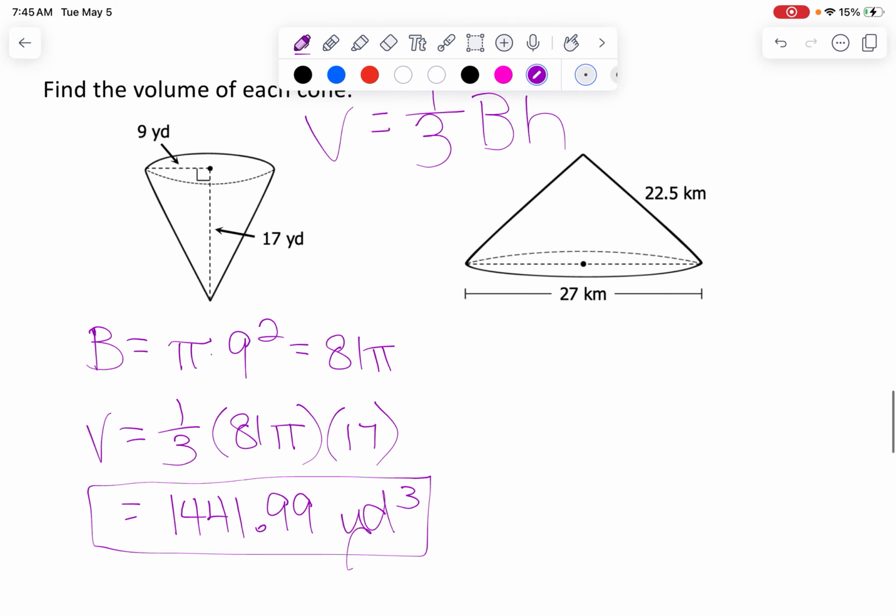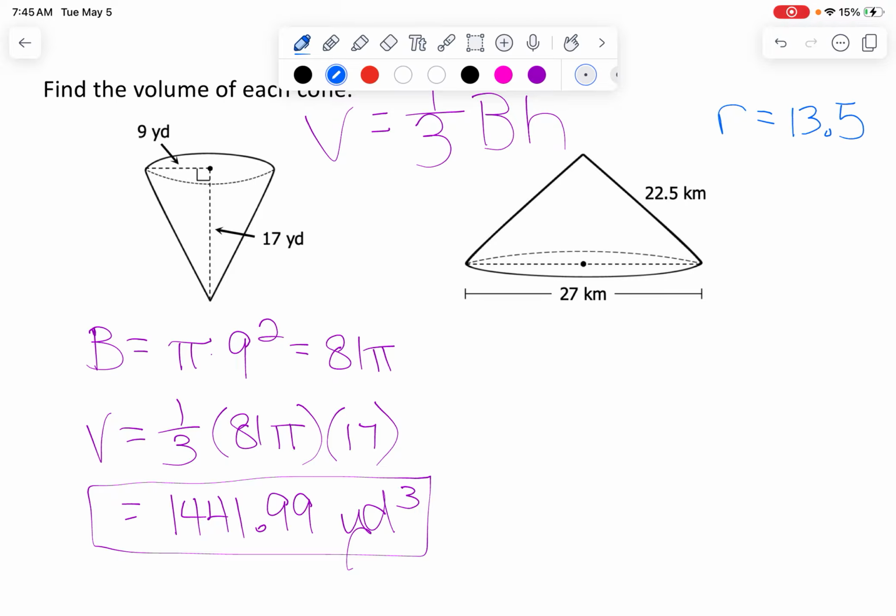All right, let's do our last one here. This one, we've got a couple of things that we have to take into account. We don't know the height. We also don't have the radius given to us, although we can find that pretty easily. The radius is half of 27, so that's going to be 13.5.